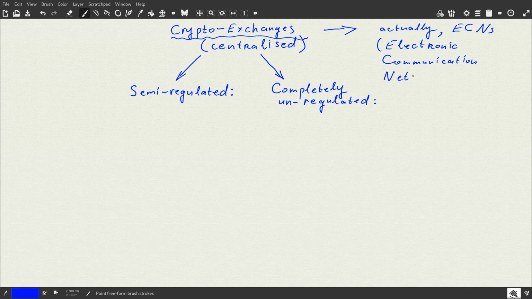What does it mean? ECN is a term which is good to remember, which means that technically they look like exchanges.